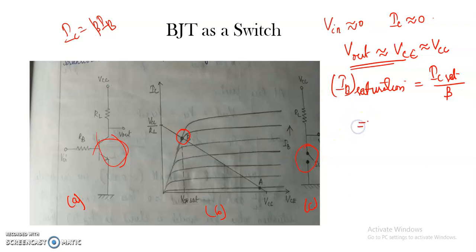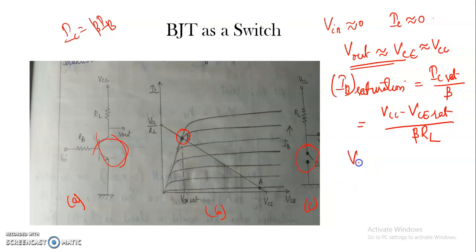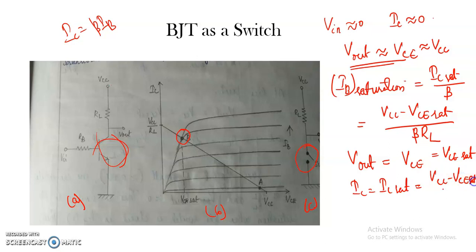From the circuit, we can say that IC saturation equals VCC minus VCE saturation divided by the load resistance RL, and IB saturation is this divided by beta. At this point, Vout will be equal to VCE saturation, and IC equals IC saturation, equal to VCC minus VCE saturation divided by RL.